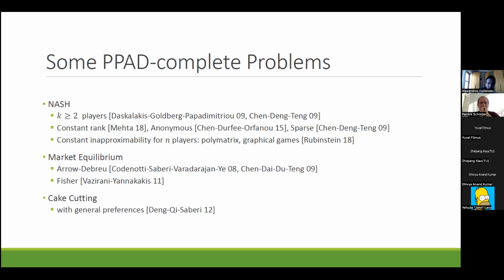A third example is from fair division. There's a very well-known problem called cake cutting, where you have a divisible resource, which is modeled as the 0-1 interval. You'd like to divide it amongst different agents who have different opinions about which parts of the resource are more valuable or less valuable. You want to divide it in such a way that all the agents are happy with the division.